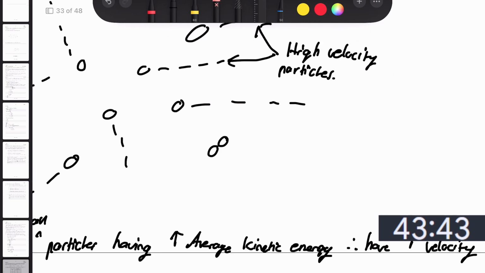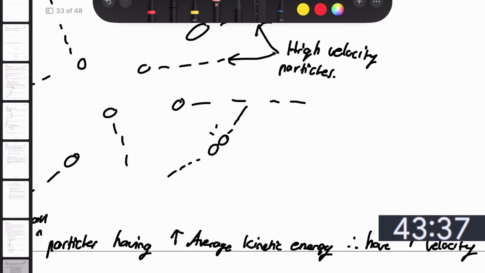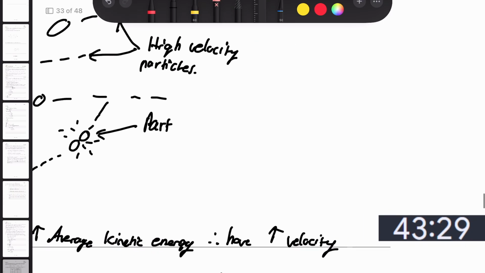And here I'll say these two reacted, with little sparks or something. Particles have minimum EA, so react.